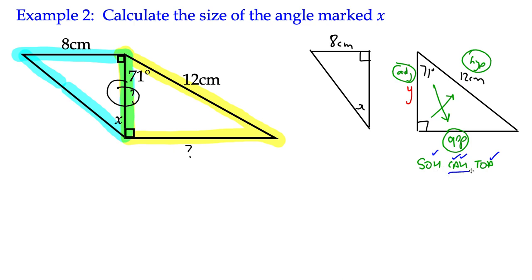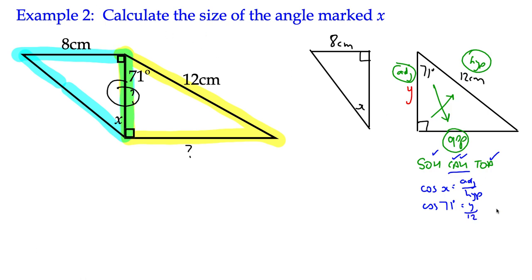My two ticks are on CAH, which means it's going to be cos. So cos x equals adjacent over hypotenuse. Okay, substitute in. The angle is 71 degrees, adjacent is y, and hypotenuse is 12.